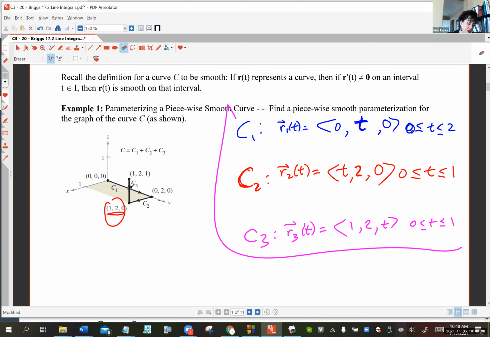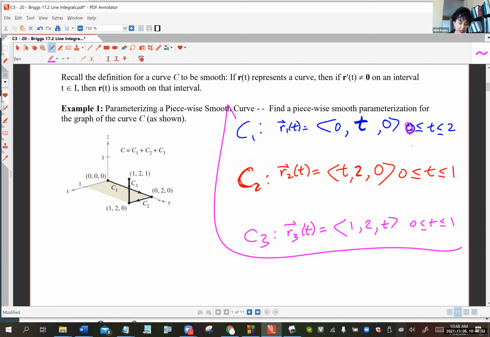I want to show you a different parameterization. So I'm going to start over. And the reason why I'm doing this is some books, when they show you a similar example of a journey that takes more than one leg, like this one did, they prefer if the time doesn't always get reset back to 0 every time.